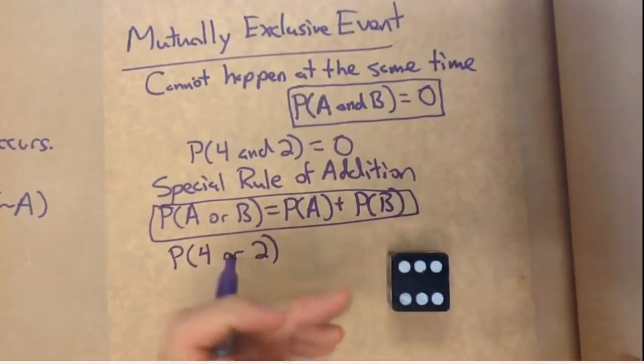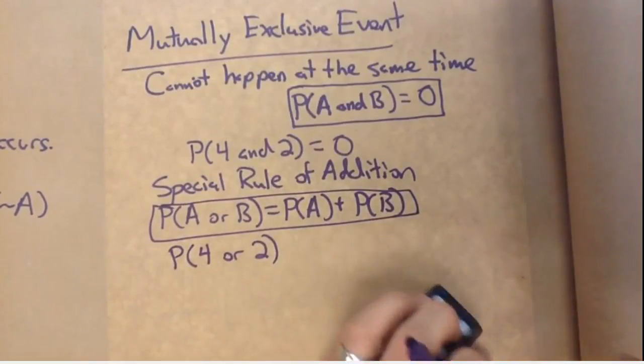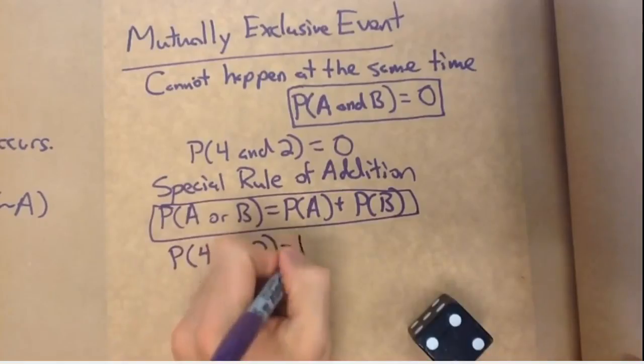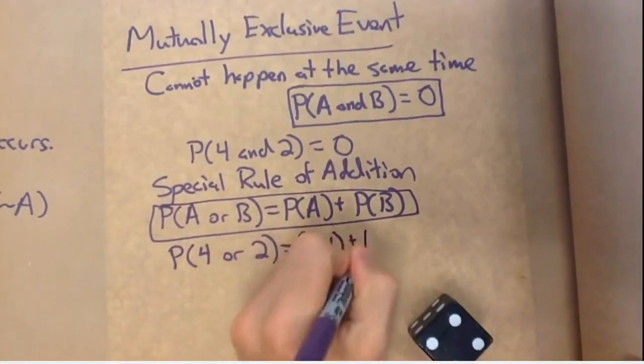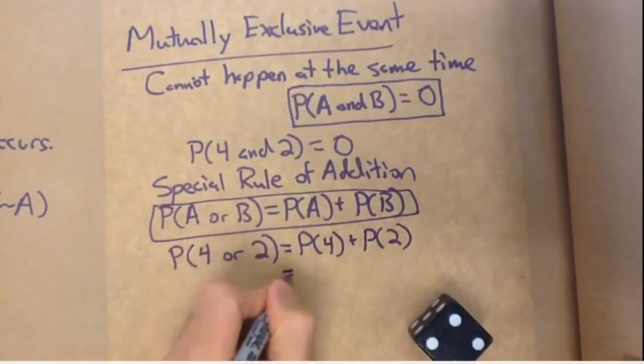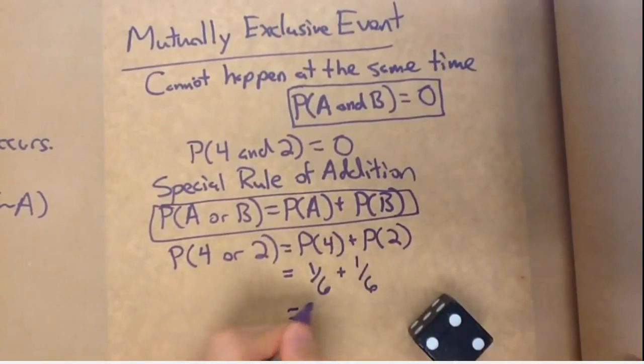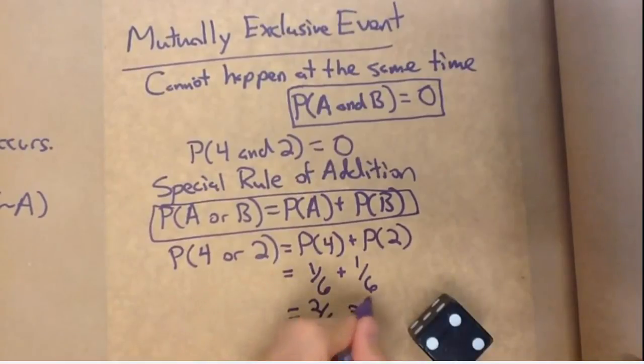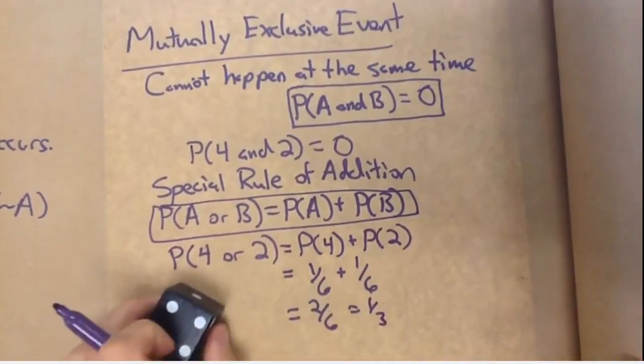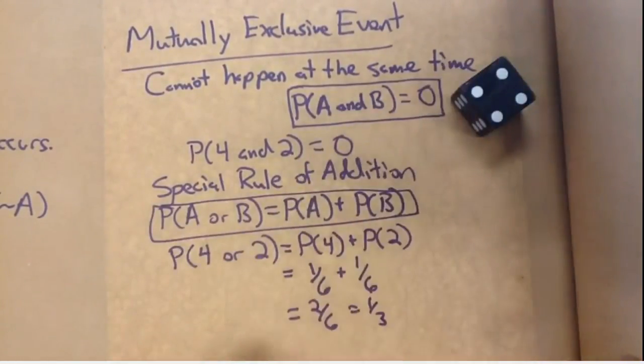Now that's possible. Or means it's either a 4 or a 2. This means I can break it up to the probability of a 4 plus the probability of a 2. Now, with a 6-sided die, I have 1/6 plus 1/6. I get 2/6 or a 1/3 probability that I roll a 4 or a 2.